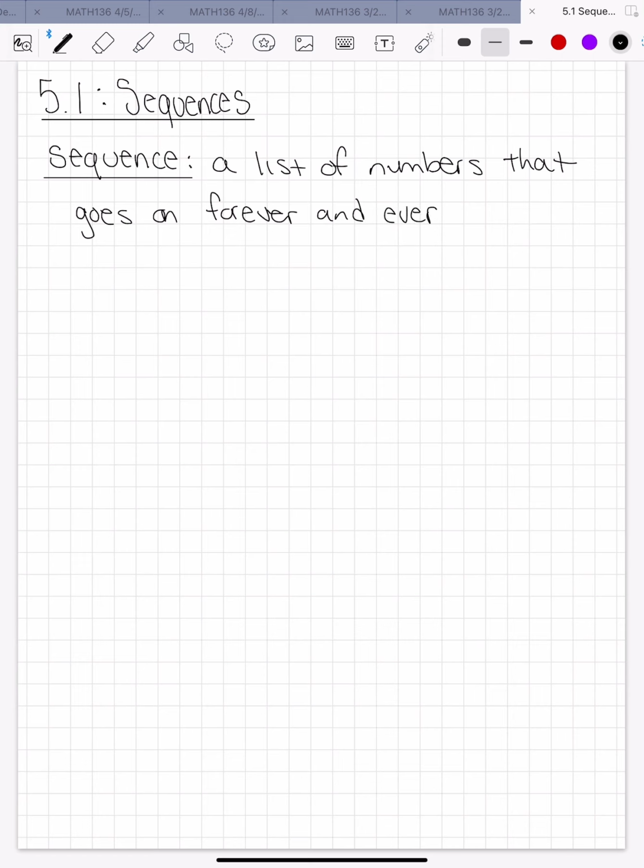Later on we'll talk about series, but I just want to distinguish the two right off the bat. So hopefully this sticks: the difference between a sequence and a series is that a series is a sum of an infinite amount of numbers.